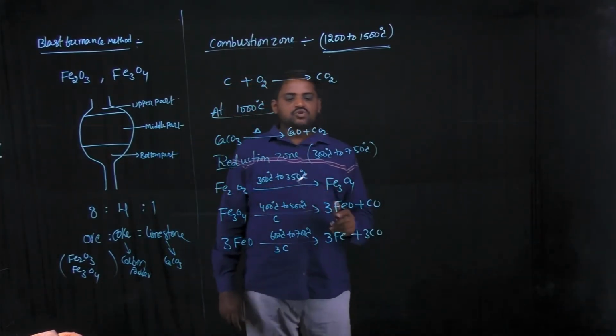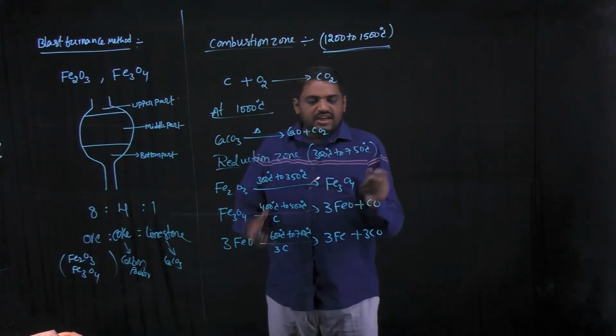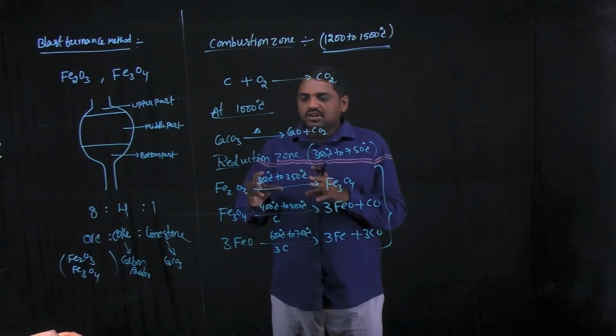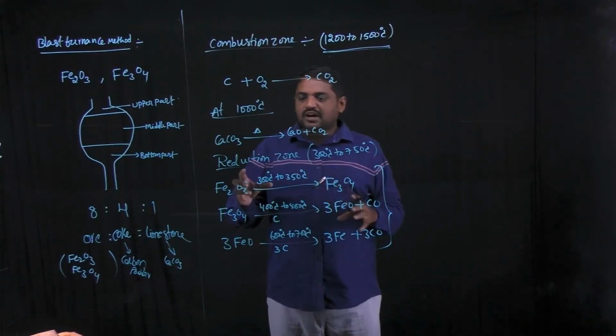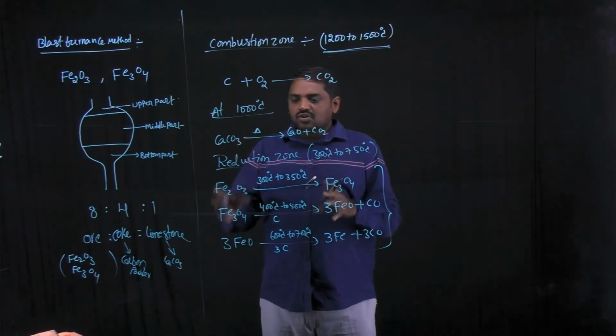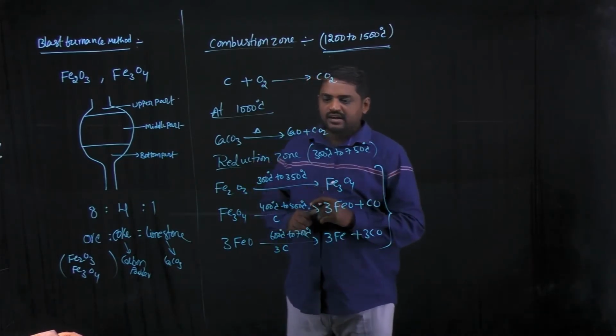This zone is known as a reduction zone. It means in this region of temperature, the metal oxide molecules are reduced in the presence of carbon and high temperature conditions.